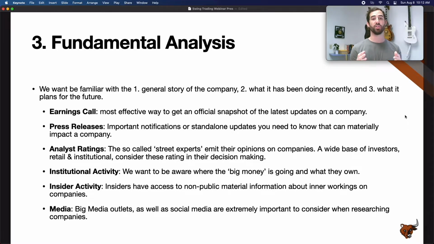Okay, so make sure that you're looking at the last 2 or 3 earnings calls and that it includes the last yearly earnings call. Okay, that's the way that management or companies communicate to investors or to the retail base what has been going on in the company and what sort of results they are achieving. Okay, so it's an official snapshot, an official communication that the company is giving to us investors so that we know what they are doing.